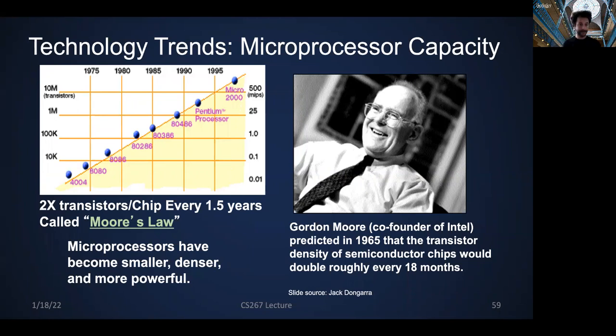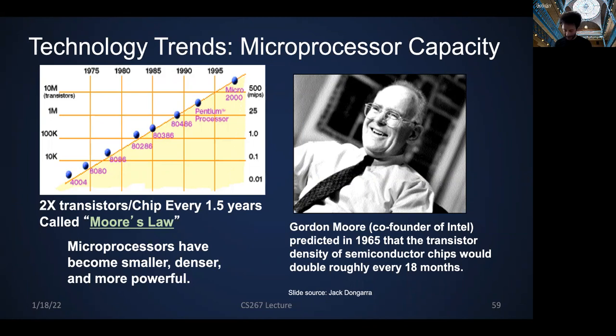This trend held for a long time. Again, there's no law here. This is not a physical law. This is a statement about observations or a prediction of the future. And so it's kind of incorrect to call it a law, but it held for a long time.